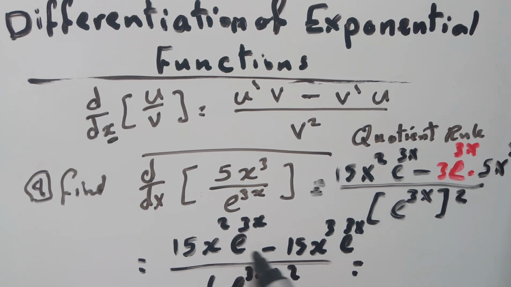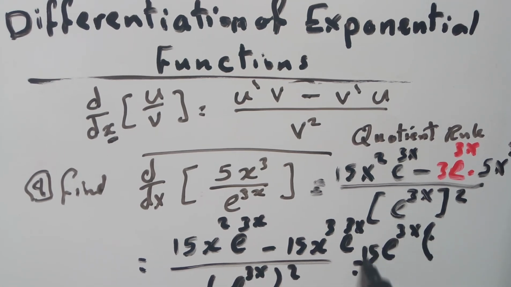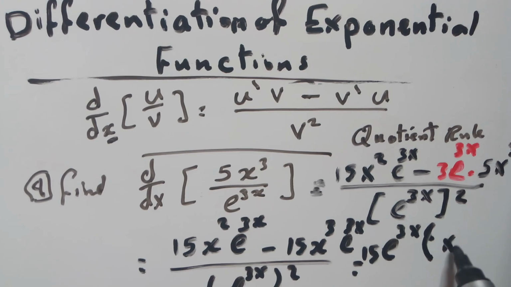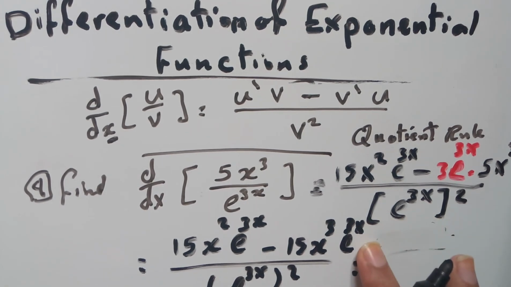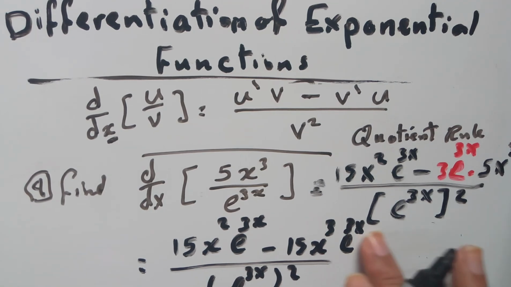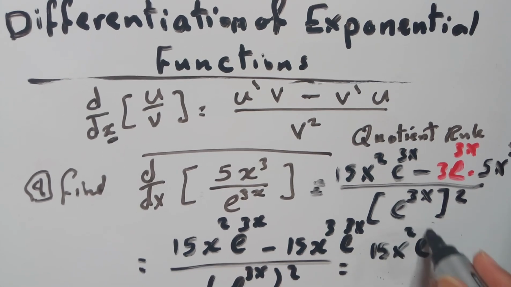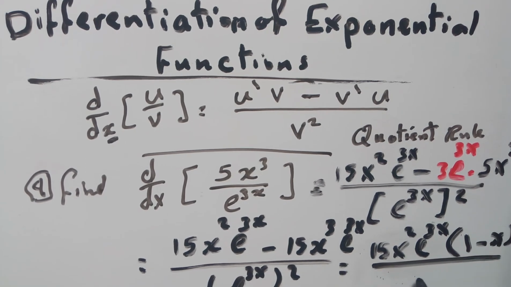You can take e to the power 3x as a common factor. Multiply 15x and 15, you can take it as a common factor, then you have x and x squared, you can take 15 x squared e to the power 3x as a common factor, then you have 1 minus x divided by e to the power 3x all to the power 2.